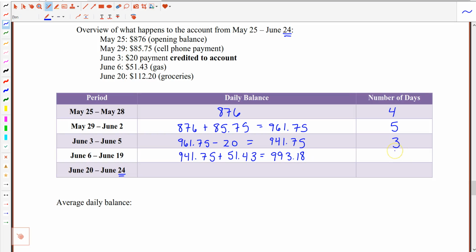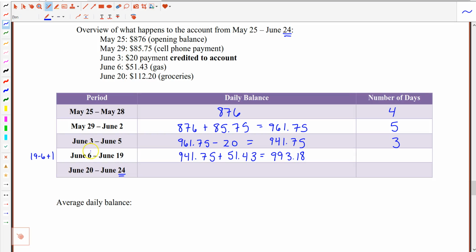Now if at any point in time you just want to, assuming that you're not hopping over the end of a calendar year, like from May 29th to June 2nd, to figure out how many days have elapsed from June 6th to June 19th, if you wanted to subtract the 2 days, you're going to have to also then add 1.